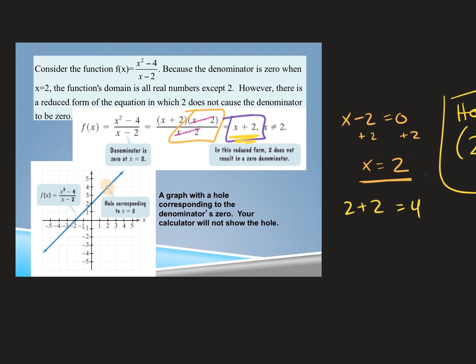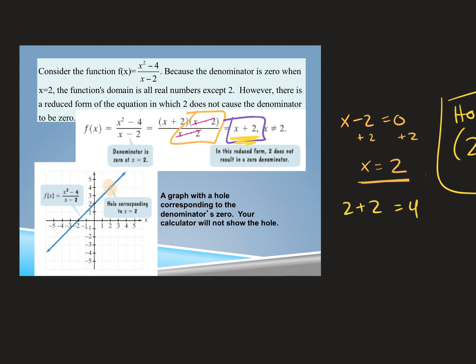So notice here, how did I say that I find the vertical asymptote? We set the bottom equal to 0. So my vertical asymptote would be at x is equal to 2. But I have a hole at x is equal to 2, so I don't have a vertical asymptote there. So you always want to check for the hole first. So factor first.